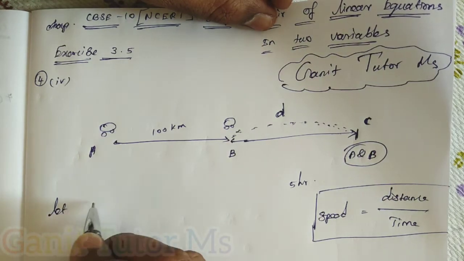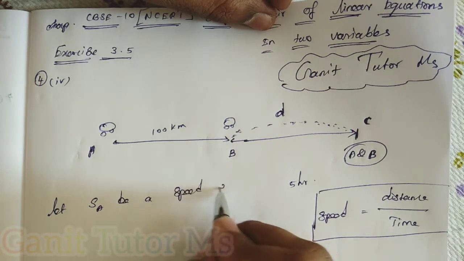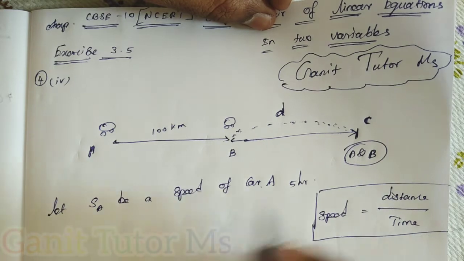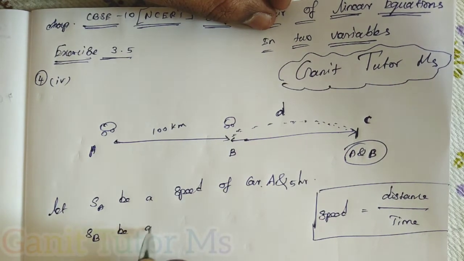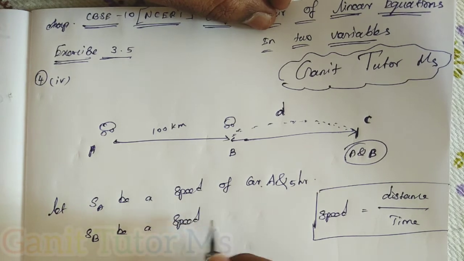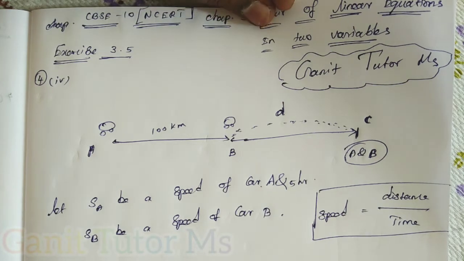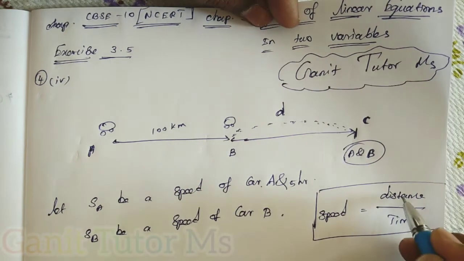Let SA be the speed of car A and SB be the speed of car B. So the first car's speed SA is equal to distance by time.